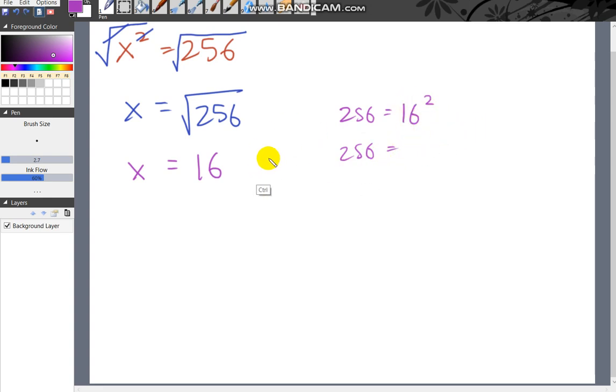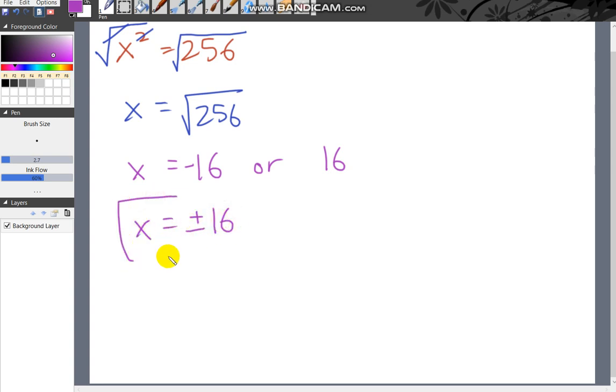So what this implies is you're going to have two answers. x is equal to negative 16 or positive 16. Or in other words, it's written as x equals plus or minus 16.